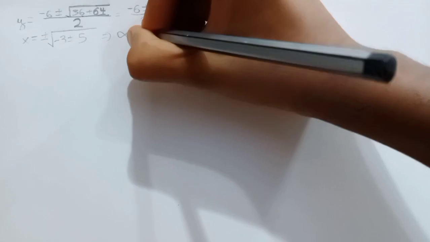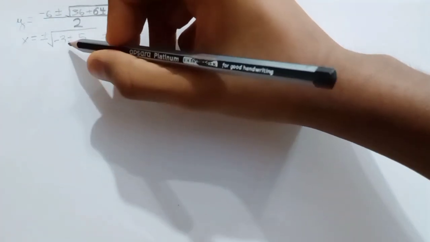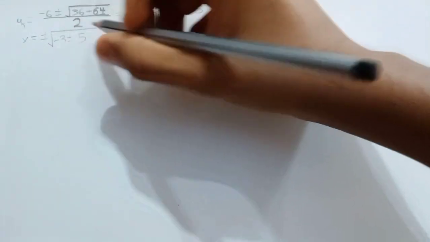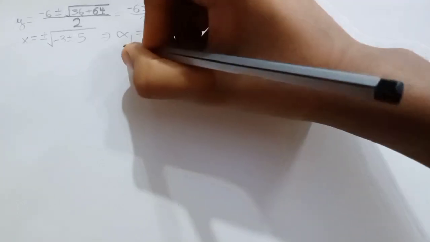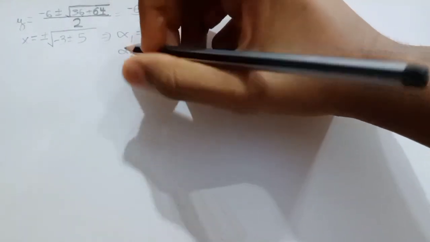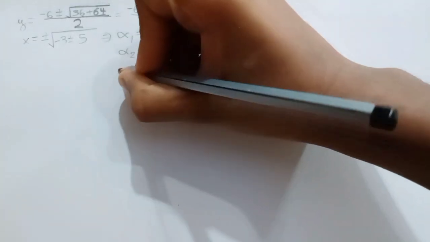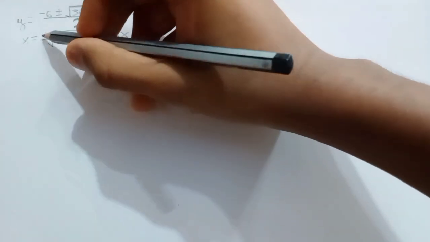So we'll take this as alpha 1 because it was given in the question. We'll take plus on both sides. So we have the positive root of 5 minus 3, which is 2. Then alpha 2 is equal to the negative of the square root of 2. And then alpha 3 will be negative here, and we'll take positive here.